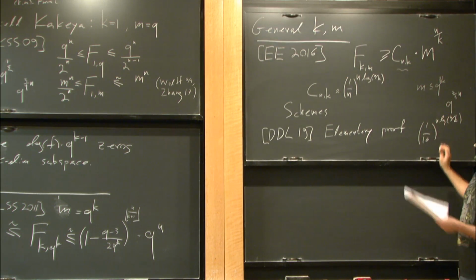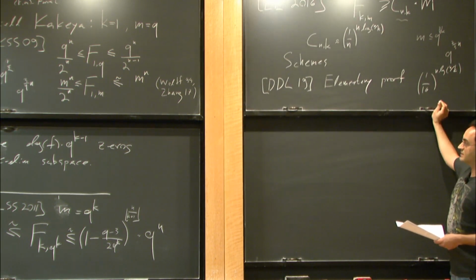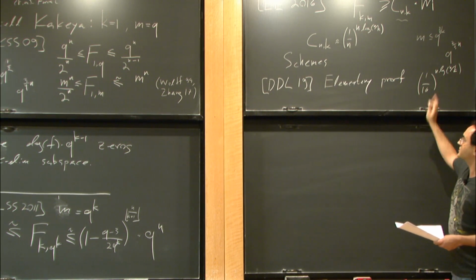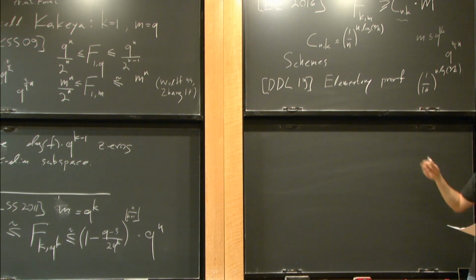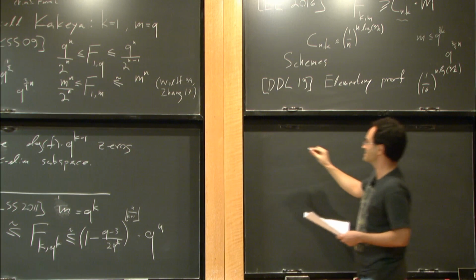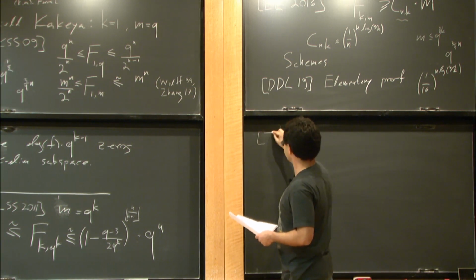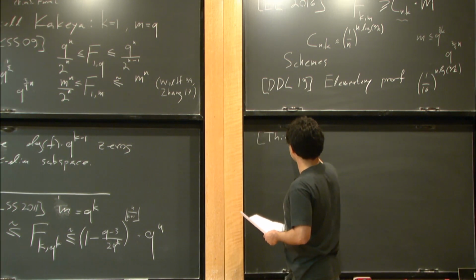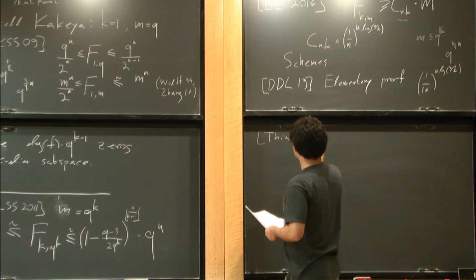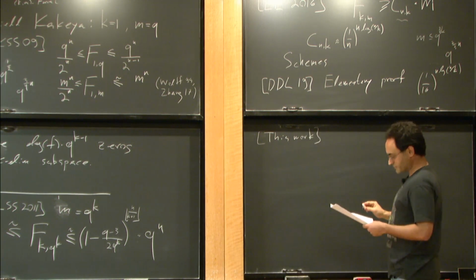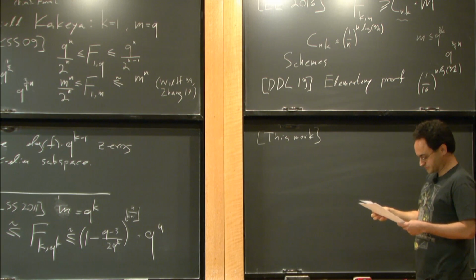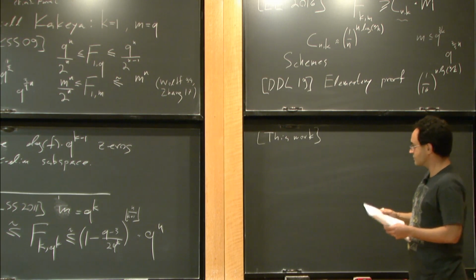There's really beautiful stuff in here, but luckily, just after finishing this up, we realized that there are much simpler proofs with better parameters. So this is this work. There are two theorems.